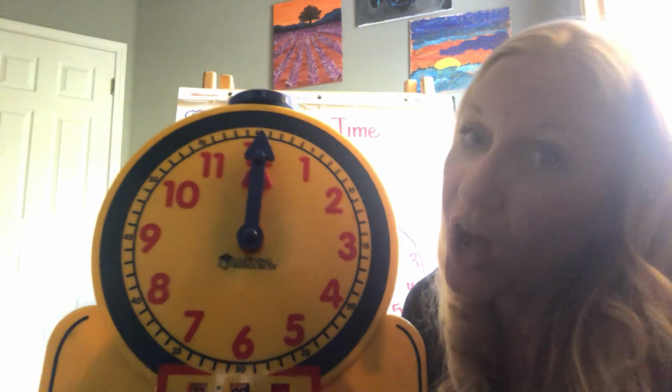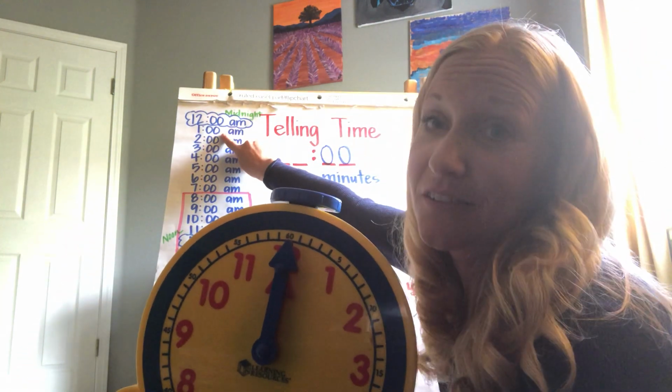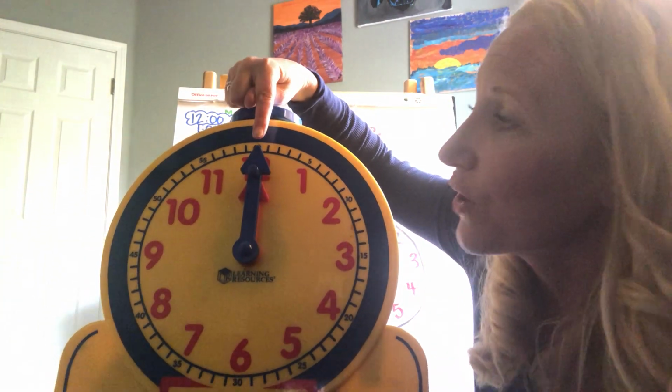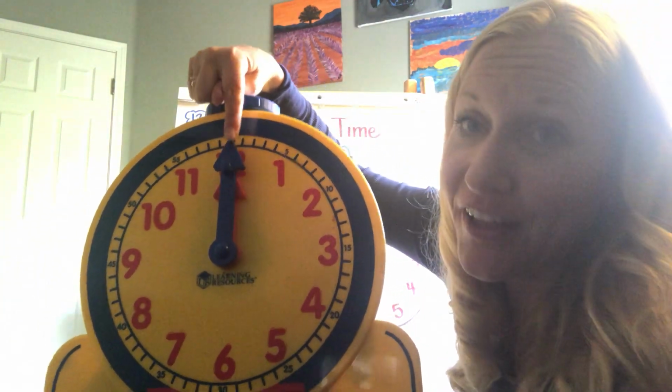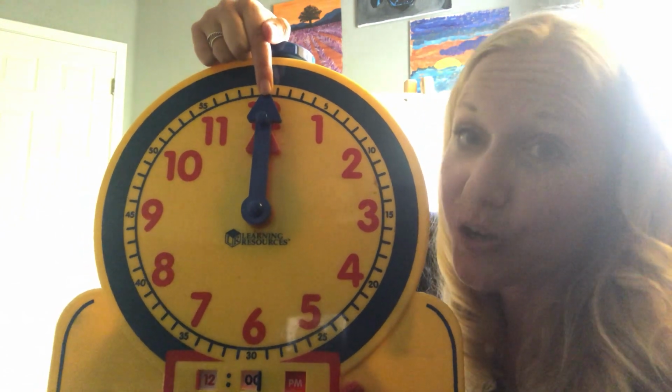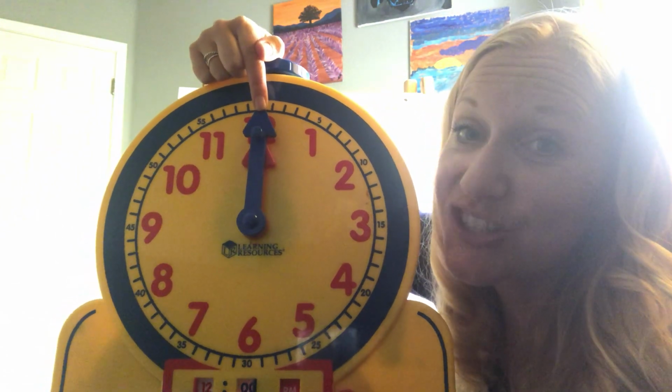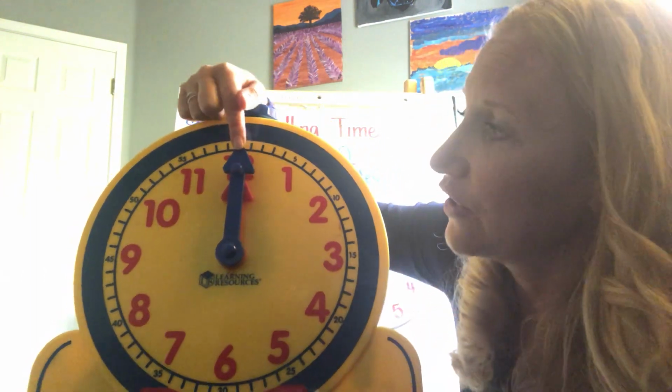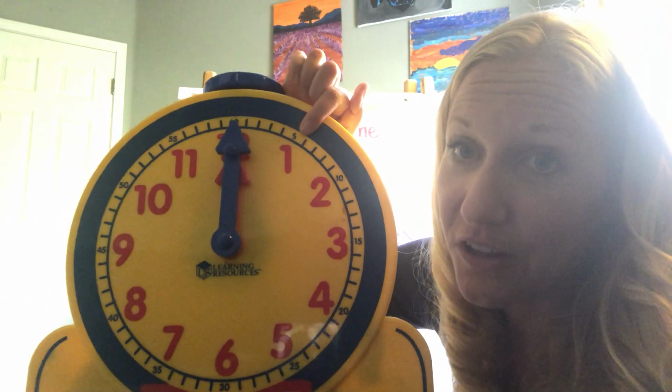Now I want you to watch what has to happen in order for it to get to 1 o'clock. Well, in order for it to turn into 1 o'clock, this minute hand has to run a race. He has to run 60 minutes in order for it to become 1 o'clock.